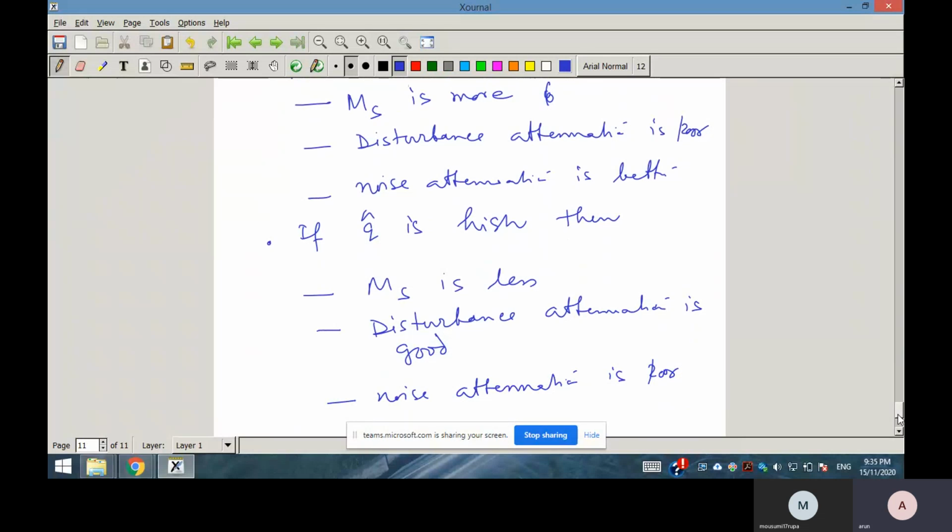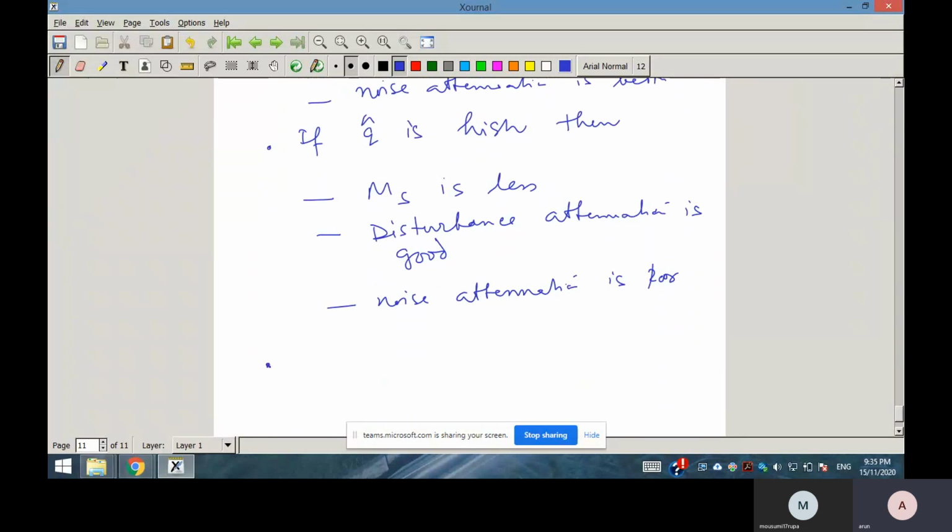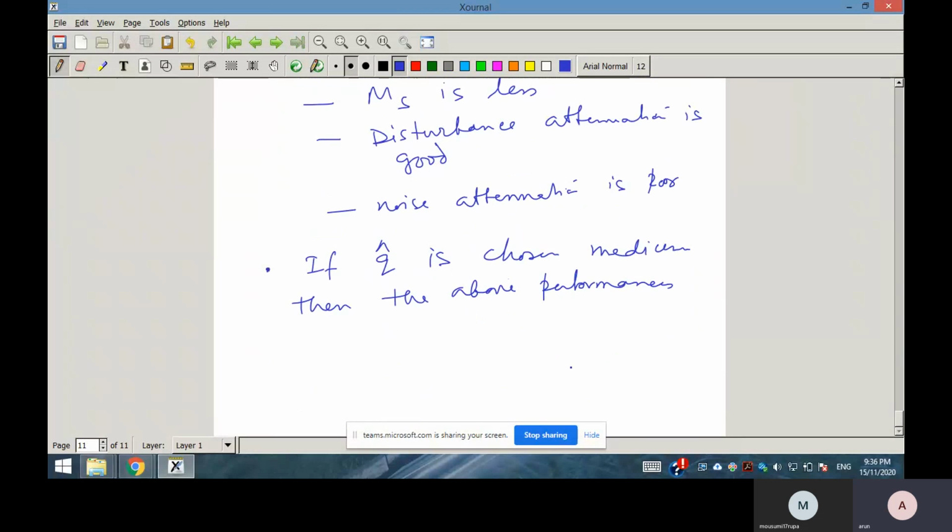So if Q hat is chosen medium, then the above performances are traded off well.